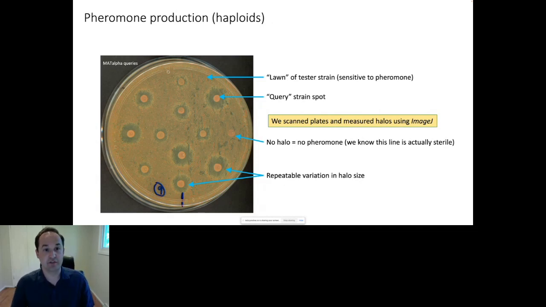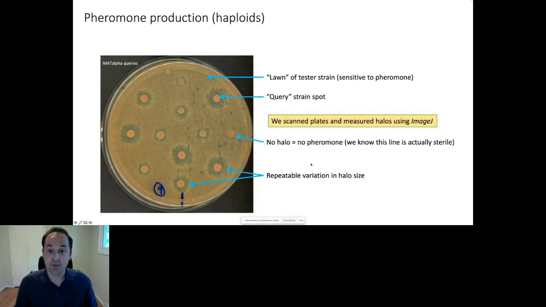And so here in these dots are our query strains, and there's a lawn of a tester strain whose growth is inhibited by pheromone. And so we can test all of our lines in this way, as well as the ancestors. We actually already know some completely lack the ability to mate, and sure enough, these form no halos. So the cause of their sterility is their lack of pheromone production.